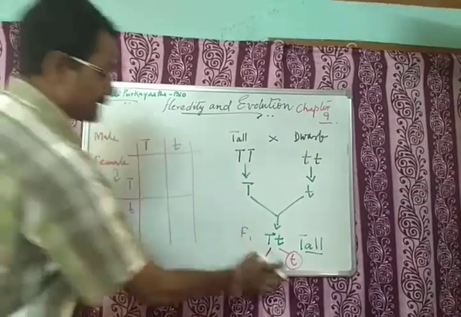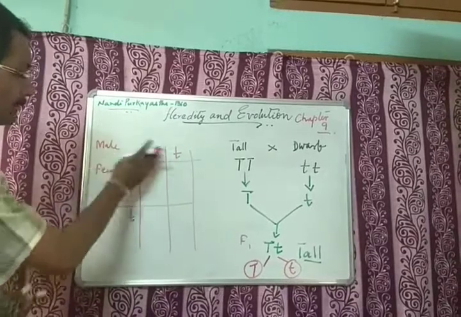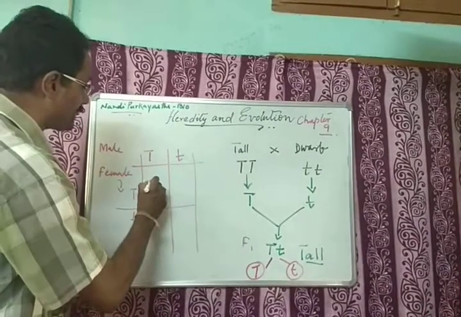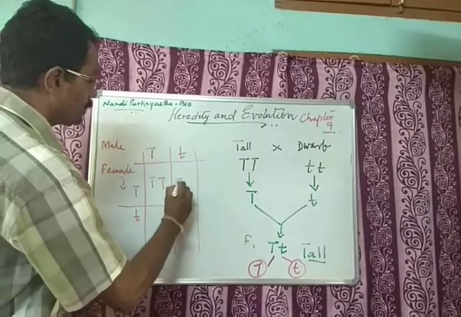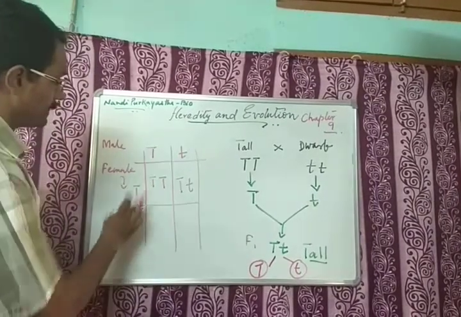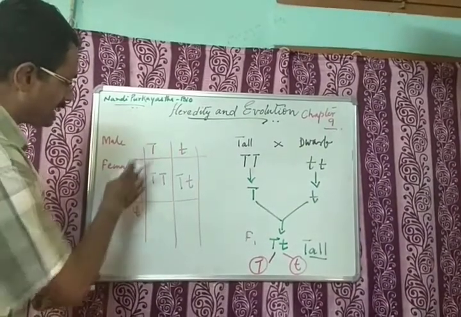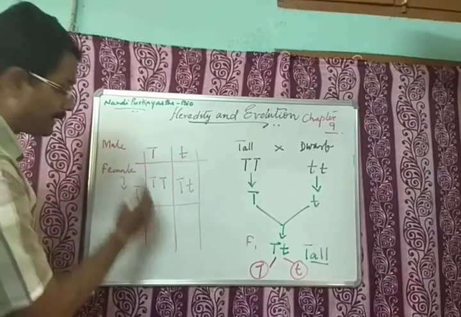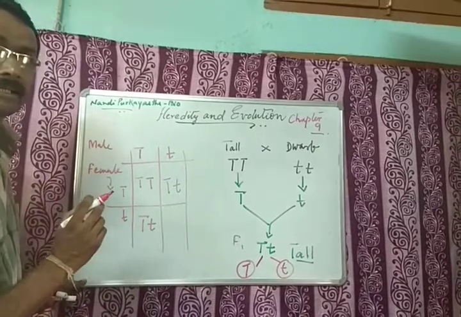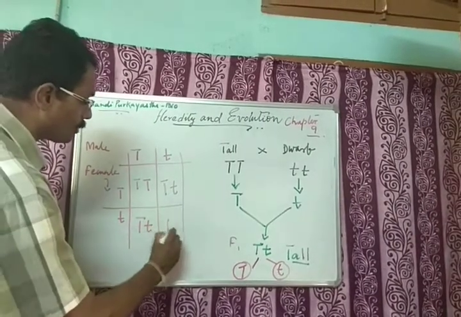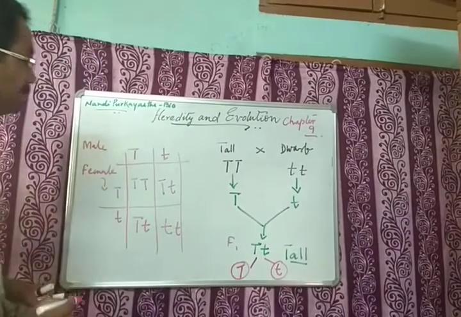When these gametes are crossed, male and female, then we are finding capital T, capital T, capital T, small t. Capital T, small t is there, so we'll be writing the capital letter first. Capital T, small t. Understood? Then here, small t, small t.